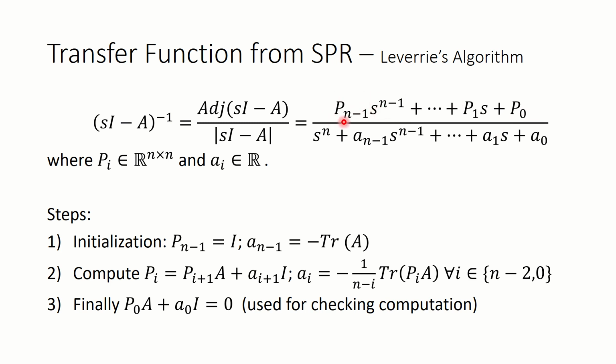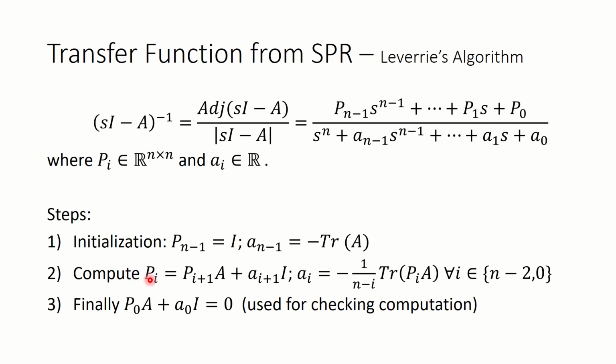And since we are dealing with matrices, we can consider this to be identity. And what is a_(n-1)? a_(n-1) is basically minus trace of A. So this is where the formulas come in, and one needs to remember this. What is the next step?